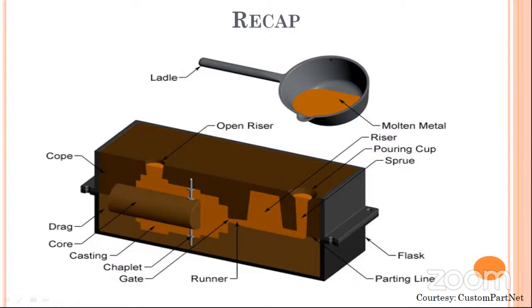Okay, somebody is saying that the metal in the runner gets solidified, so it is not possible. But then how come the metal in the riser is not getting solidified? If you say that the metal in the runner, which is almost in the middle of the mold, is getting solidified, then how come the molten metal which is exposed to the environment is not getting solidified?